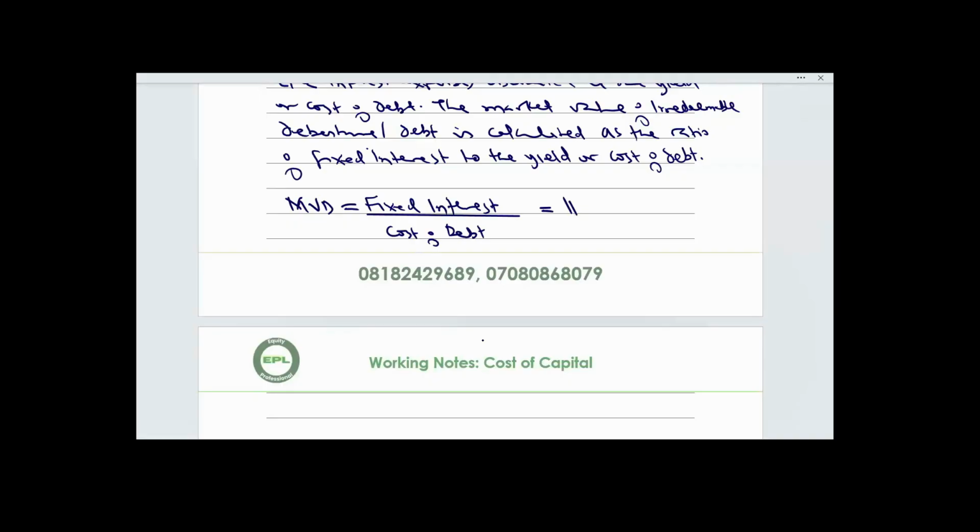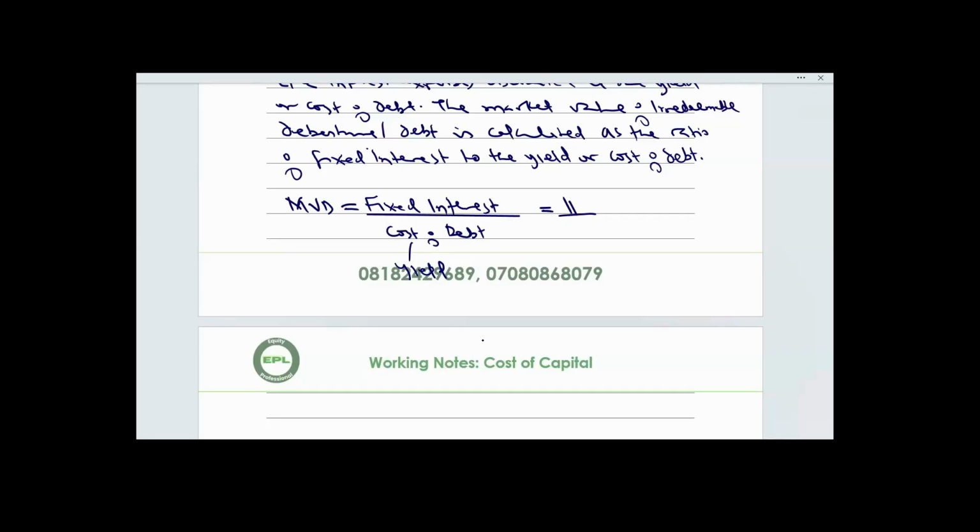The fixed interest, the coupon rate of this debenture is 11%. So 11% multiplied by 100 naira, because it's quoted at 100 naira per unit, will give you 11. So just ignore the percentage. Put 11. The yield is the same thing as cost of debt. You can call it yield or you call it cost of debt.